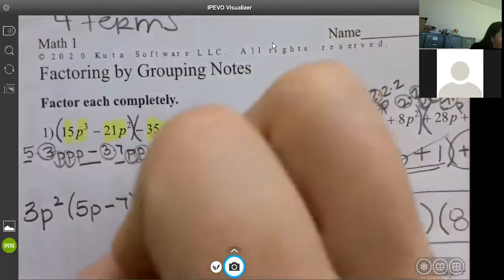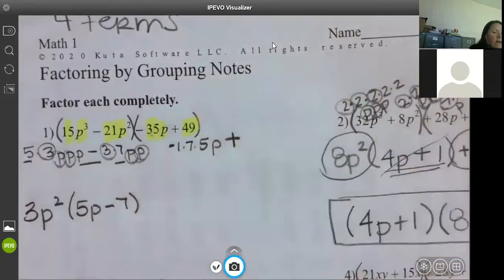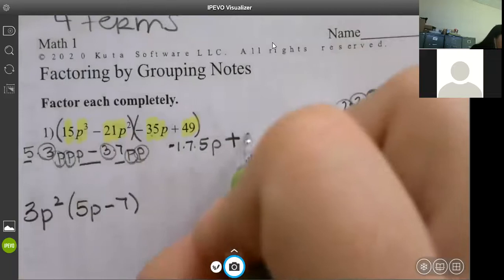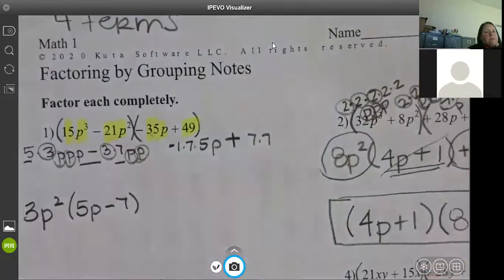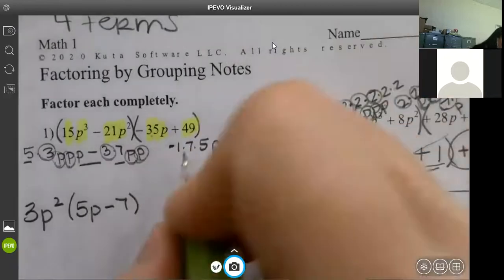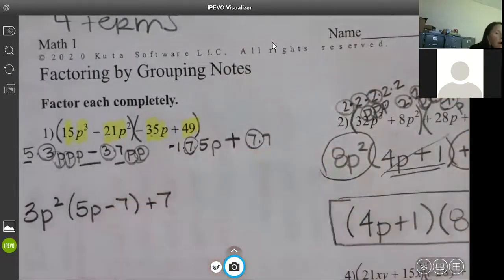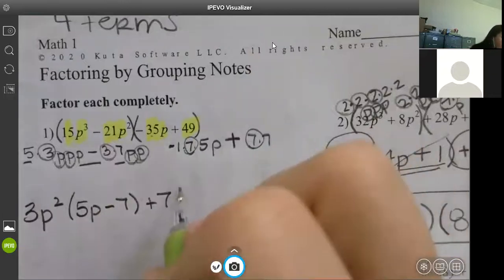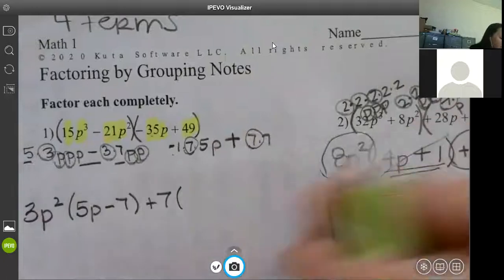So negative 1, 7, 5, and p. We have a plus. What are your factors of 49? 7 and 7. What do they have in common? So they have a positive 7 in common. What did that leave me with? Negative 1 times 5 times p.